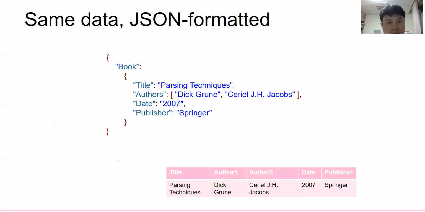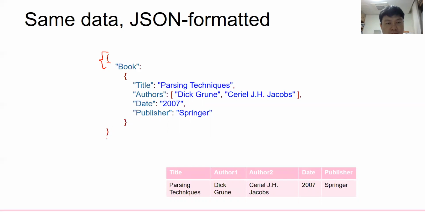What about JSON then? In JSON, the format is a little bit different, but the structure is similar to the XML. JSON uses the concept of a dictionary. In Python, you know, there is a dictionary, and we use curly brackets.